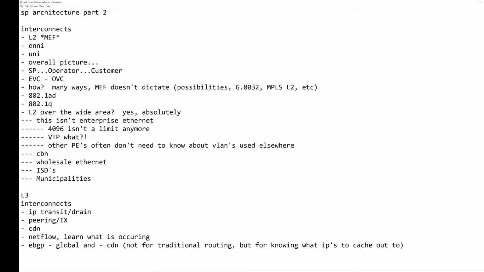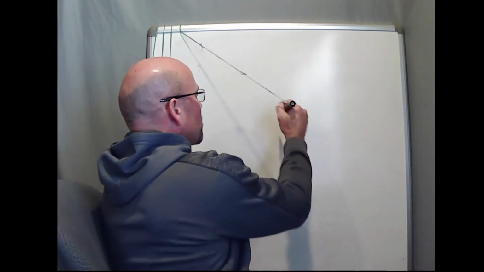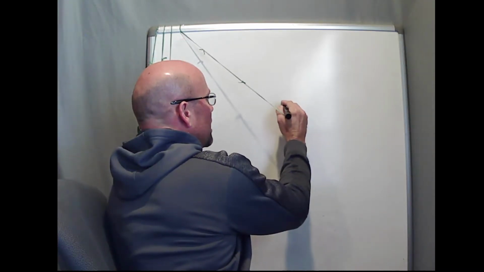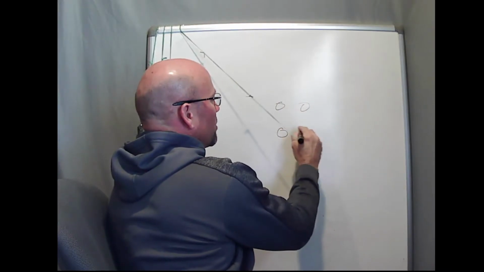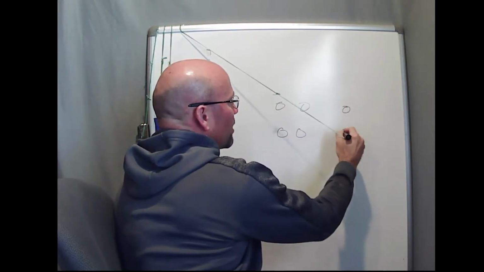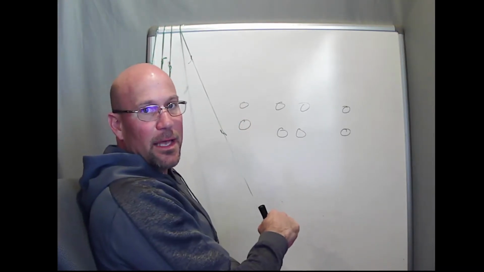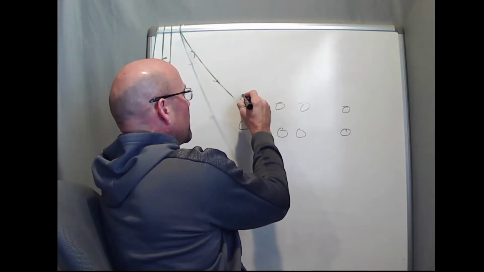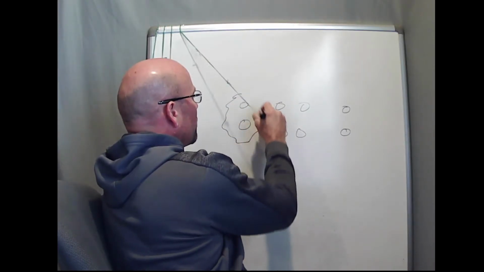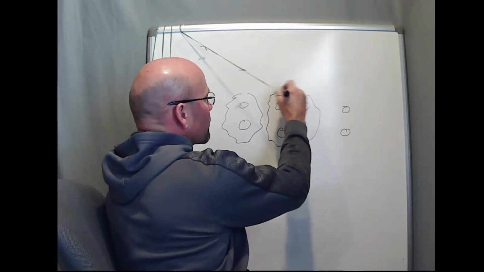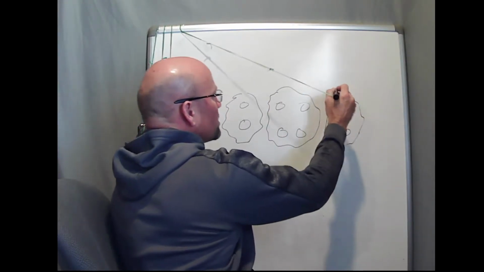Okay, so looking back at the overview, I want to talk about connections in a service provider network. So let's just draw a few routers here. We have a service provider network in the middle. We have a service provider over here, a neighboring telco or a neighboring ISP, and a service provider over here. All right, I can draw a cloud around each provider so that we can see the difference.